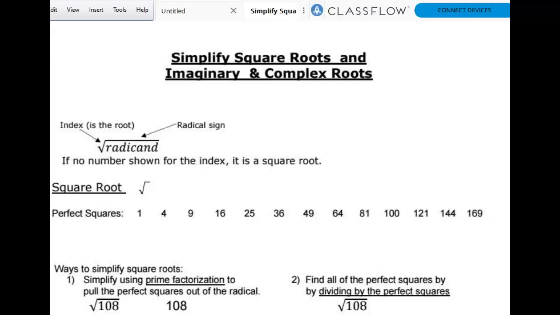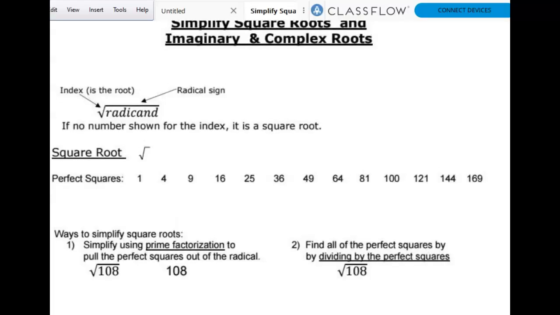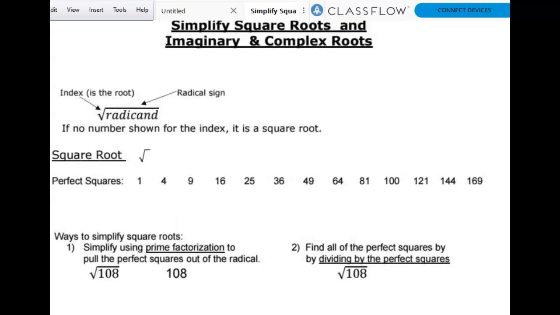The next way we're going to solve, we need to know how to simplify a square root. So first of all, this part is the radical sign, and what's underneath the radical sign is called the radicand. Not written here, there's no number, but that's where our index goes. The index determines how many of a number you need to have to take it out of the radical.